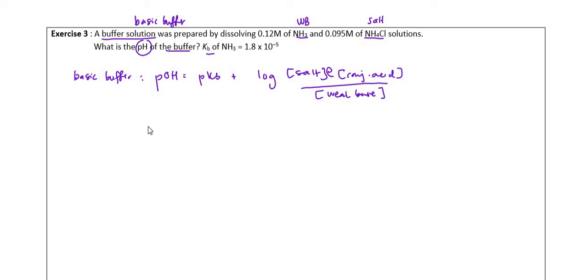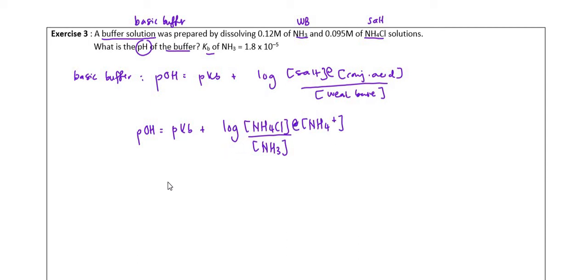But in the exam, you must write it specifically: pOH equals pKb plus log NH4Cl over NH3, or NH4 plus is also accepted, either one.